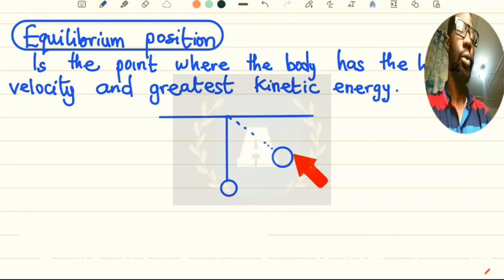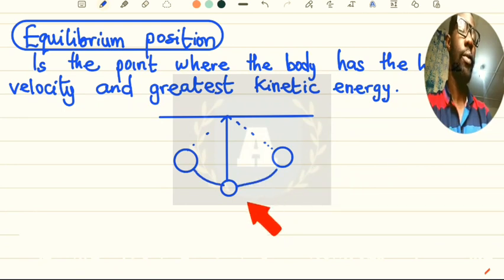It went to this side, and then it can also go through the other side. To this side, this is the maximum displacement. To this side, this is the maximum displacement. So now the question is, where will be the fastest, or where is the equilibrium position? This particular point here is the equilibrium position.